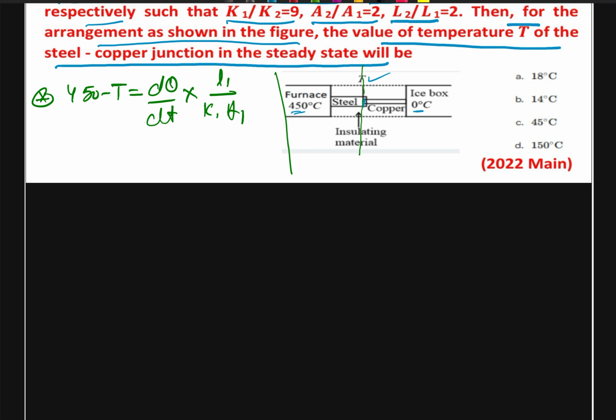T minus 0 will be equal to, because it is steady state, dQ by dt multiplied by L2 upon K2 and A2.